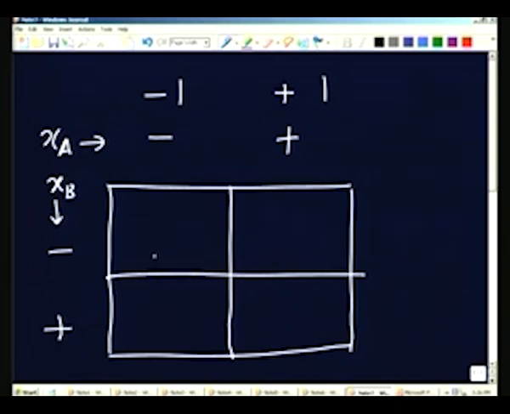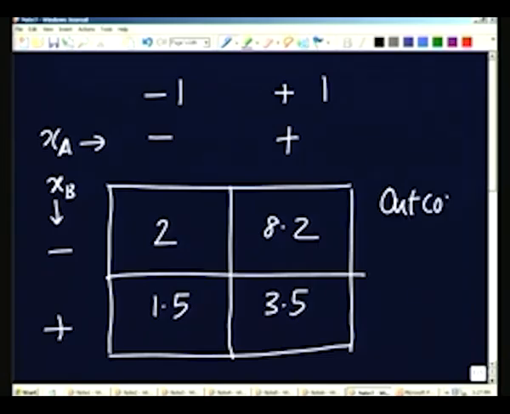and the values I have obtained are 2, 8.2, 1.5 and 3.5 in this. This is the actual example. This is the outcome of the 4 experiments of the 2 squared experiments.